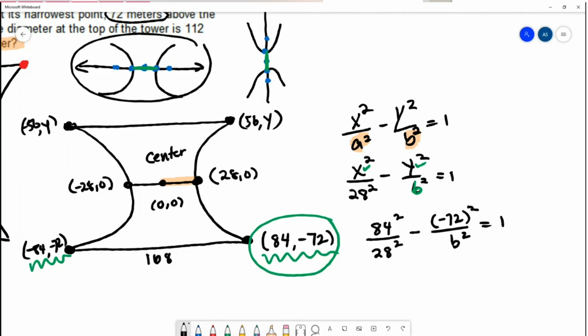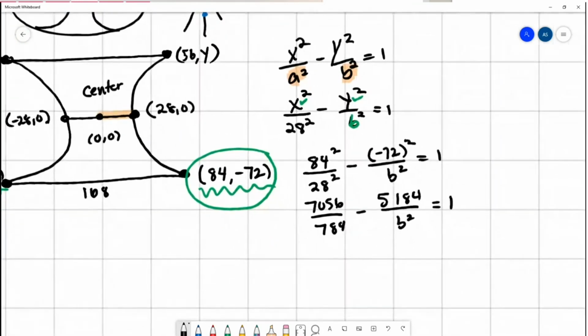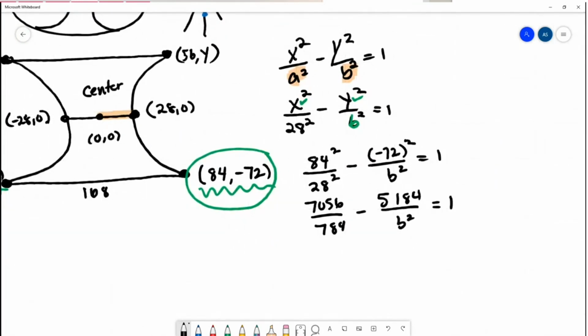Okay, so if I work out 84 squared, that's 7,056. 28 squared is 784. 72 squared, that's 5,184 over b squared equals 1. Now 7,056 divided by 784 works out to be 9.